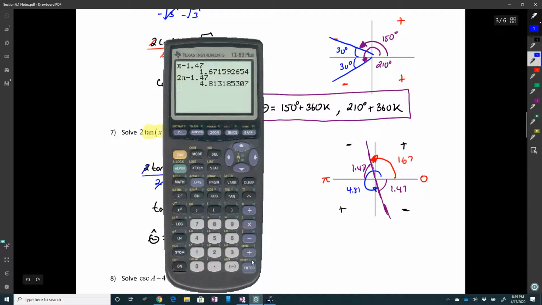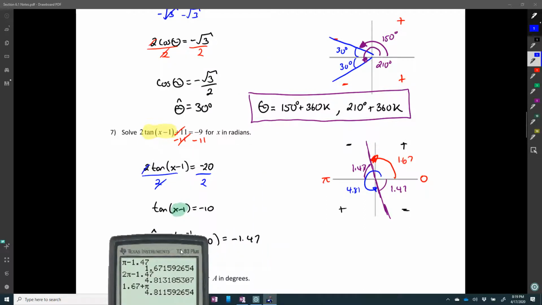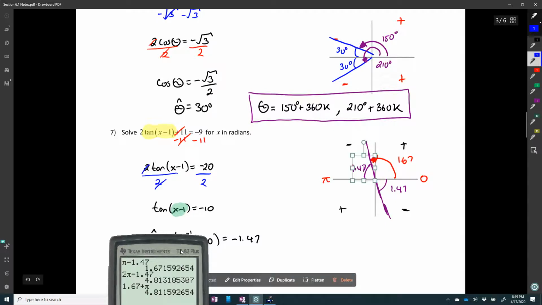But remember, 1.67 and 4.81 are just pi apart. So I can get that 1.67 plus pi. Would help if I put the right number. And I get the same answer that I would have had over there. So they're only pi apart. So when you write your answer, you really only need to write one of them, which I'm going to do for the 1.67. And then I'm just going to add pi to get to the next one.